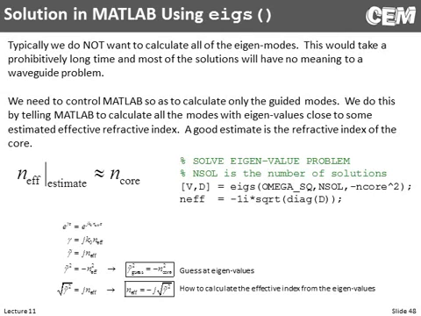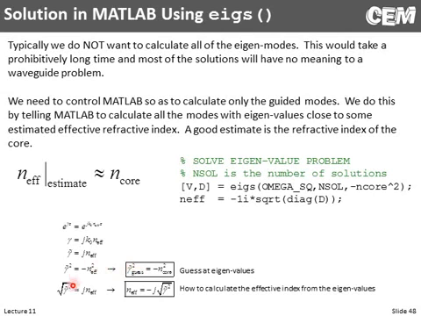Well, we have to go back and remember that gamma squared is our eigenvalue, and we related it to the effective refractive index. So the effective refractive index in a dielectric waveguide is going to be very close to the refractive index within the core. So this is a really good guess for our eigenvalue. It may not be perfect, but it is a good guess.